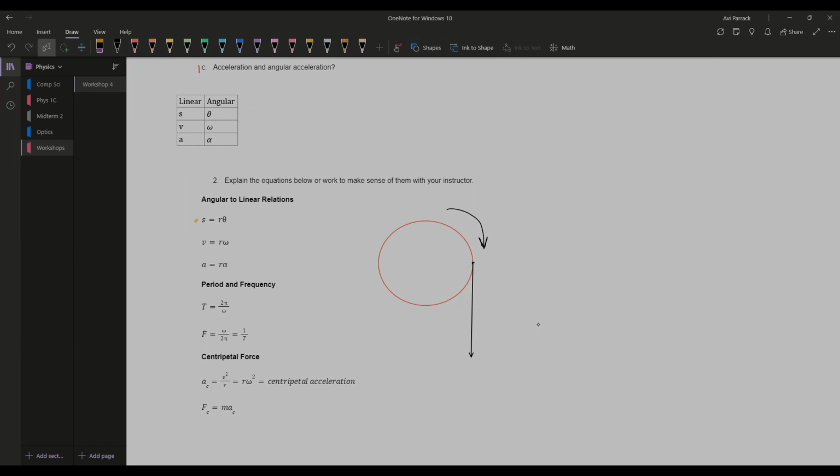If we at some instant look at the velocity, we look at how something is changing, it seems that it's going to continue to go in this direction. It seems like it's going to be a linear motion.